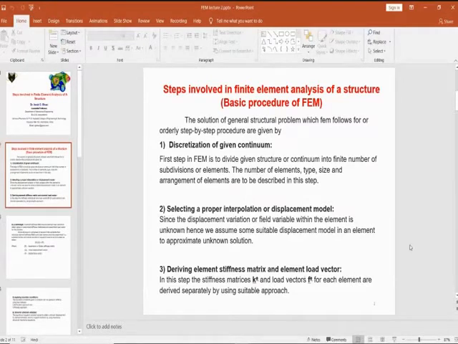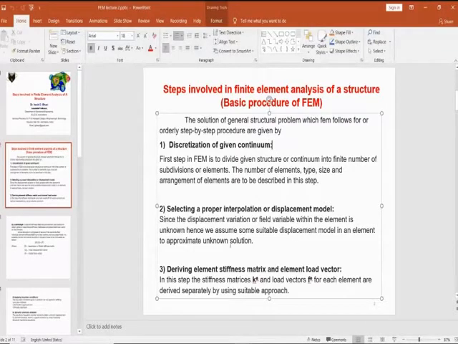Suppose in the first step you have divided the body into 10 elements, then for each element we'll write down the stiffness matrix Ke. For example, K1 for element 1, K2 for element 2, like that up to K10 for element 10. So we'll write down the element stiffness matrix for each element separately.